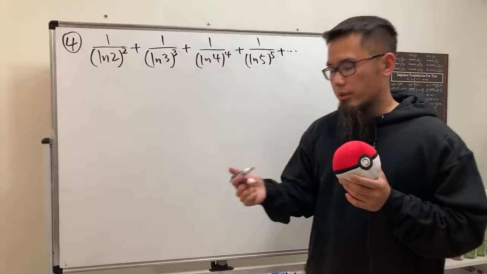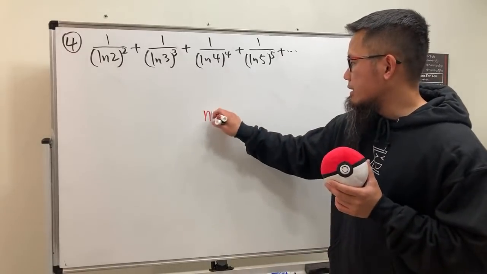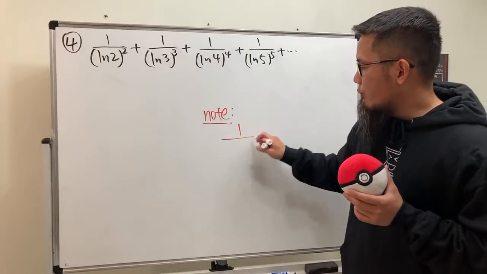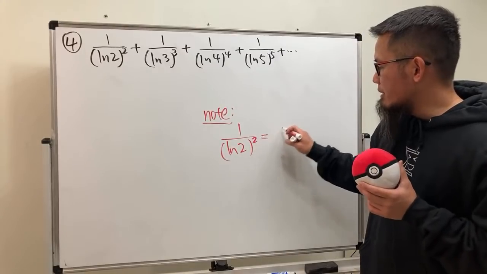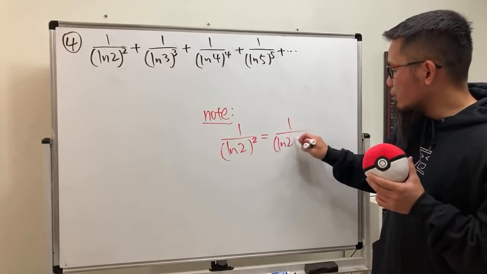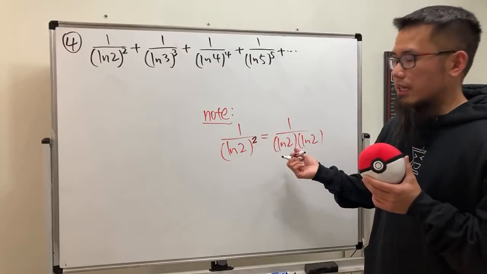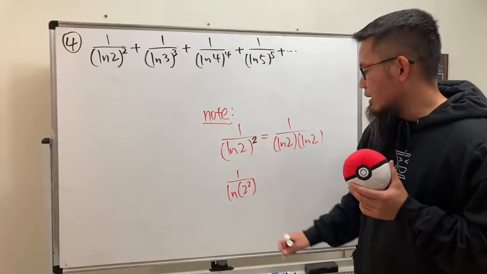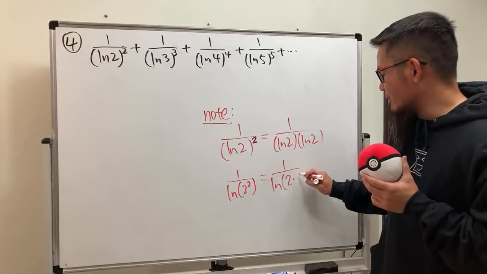One thing I want to make a note of before we do anything else is, note right here, all right? When we have 1 over ln2, parentheses like this, to the second power, this means 1 over ln2 times ln2, right? Because the 2 means you do this twice. When you have 1 over ln2 squared, this means 1 over ln and then 2 times 2.